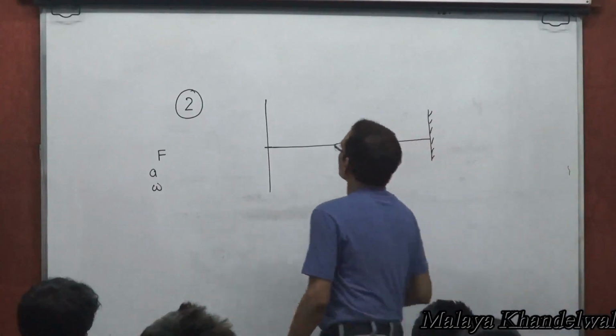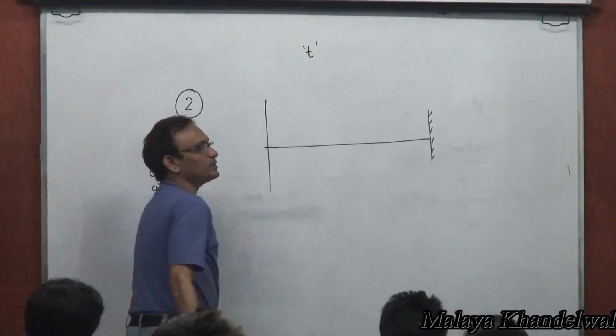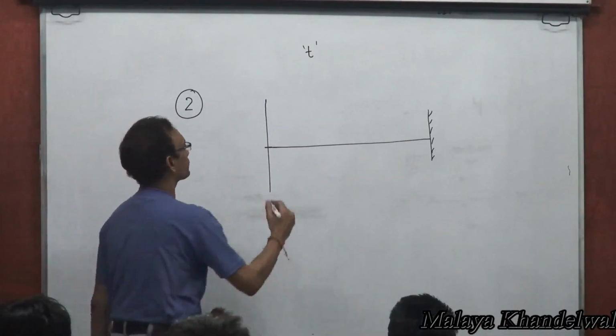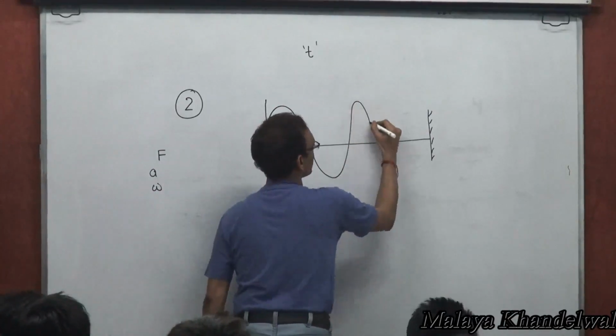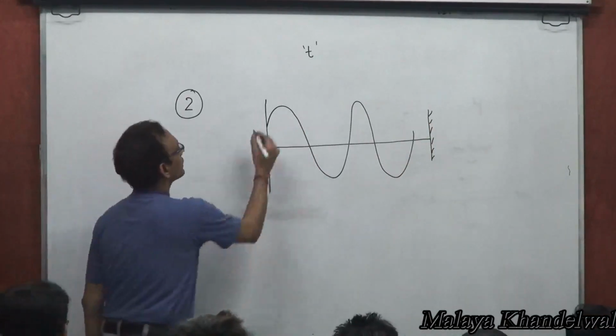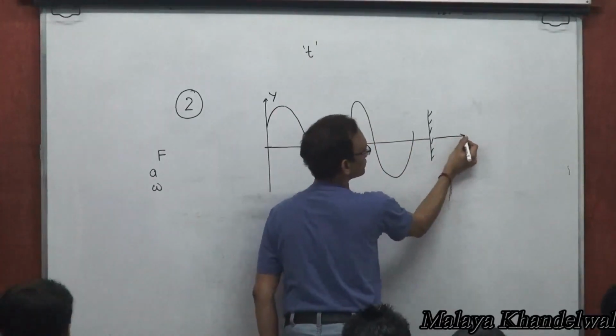Okay. Let me draw the snapshot view of the wave at a certain instant of time, t. Say the snapshot view of the wave is this, amplitude A, etc. Let me call this the y direction, let me call this the x direction.